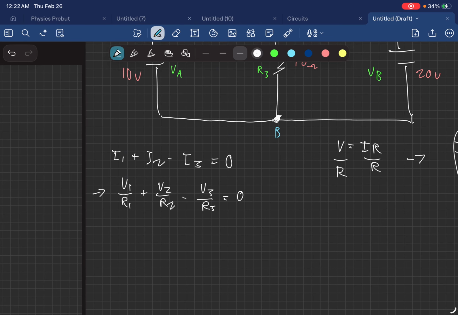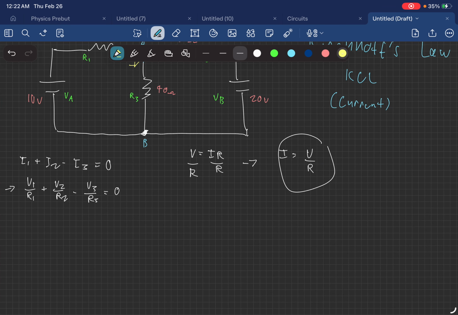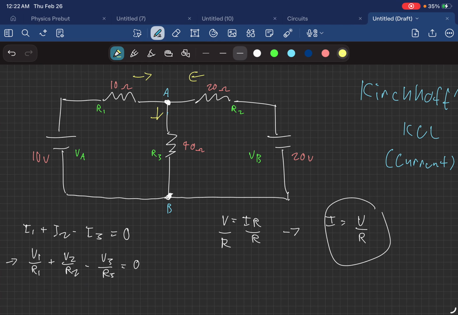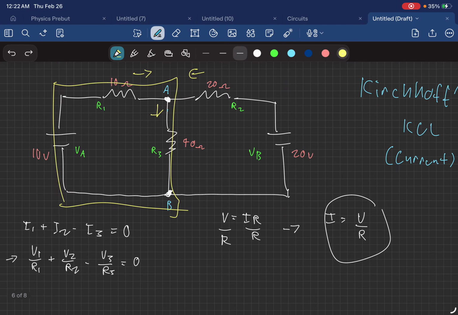Now, we'll use some more concepts in circuits. Let's look at our circuit. We can see that our circuit can be composed of two parts. We got this part here with battery VA, and we got this part here, battery VB. So let's look at each individual part.